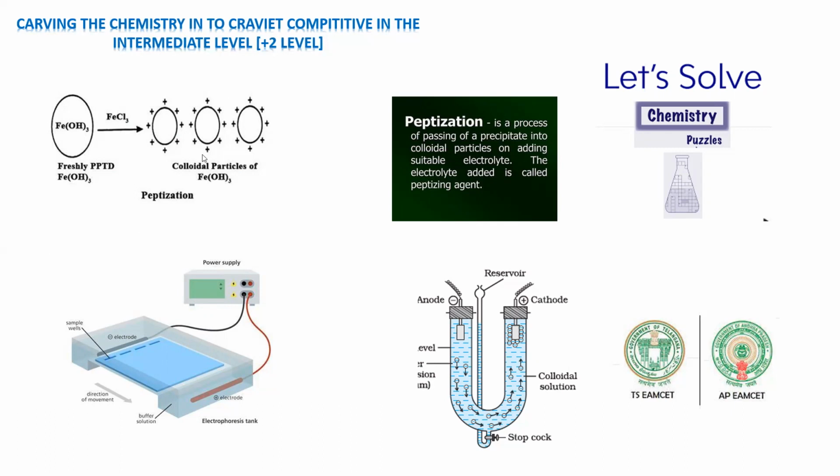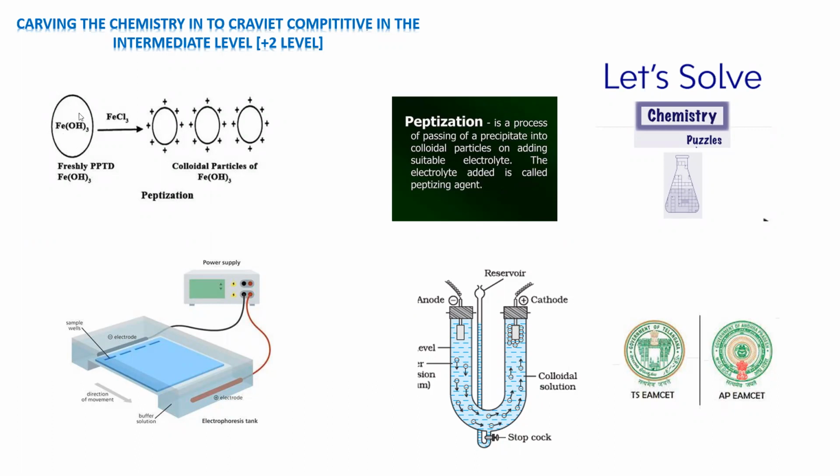We synthesize colloidal particles by the process called peptization, right? Peptization is the process of converting a precipitate into colloidal particles by adding a suitable electrolyte. The electrolyte added is called the peptizing agent.